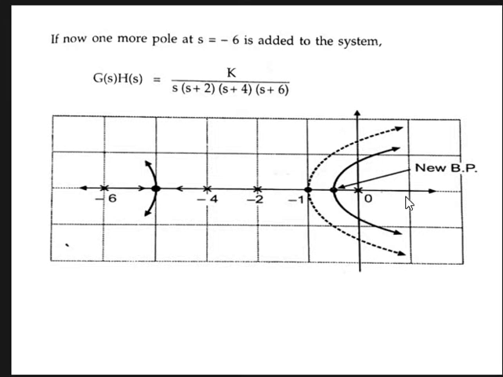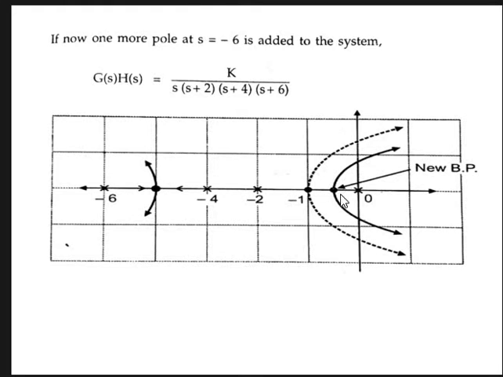Now comparing case 2 and case 3, what are the differences? The first difference is that the breakaway point is moving towards the imaginary axis. This is the case 2 breakaway point, and this is the case 3 breakaway point. So the breakaway point is moving towards the imaginary axis, and the system stability is reduced.